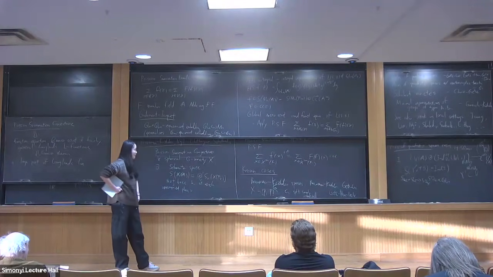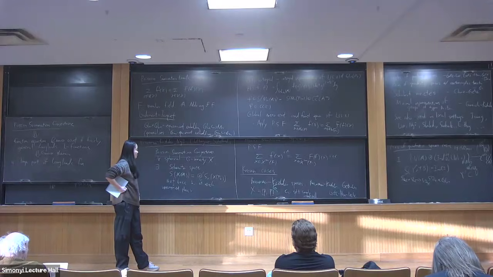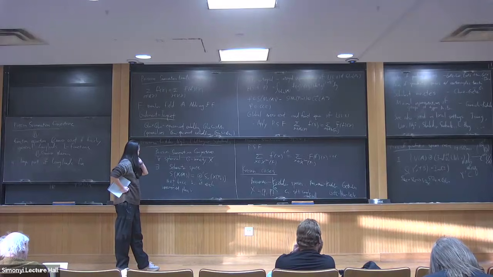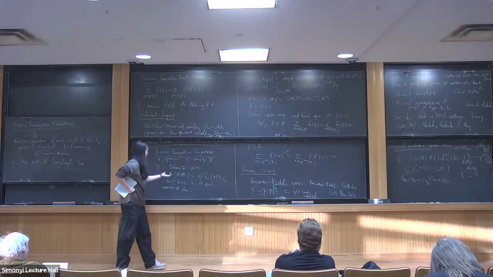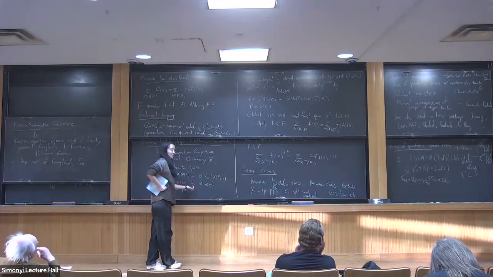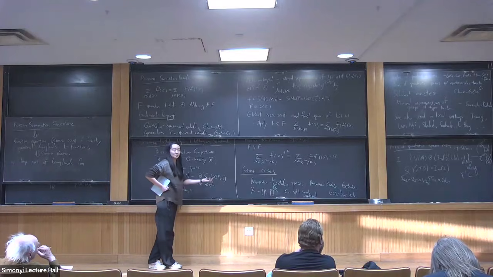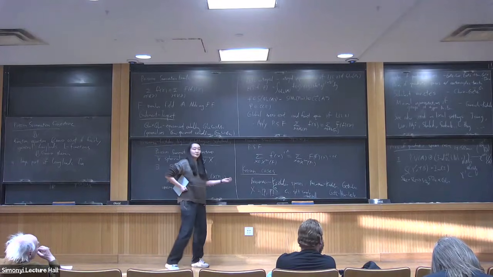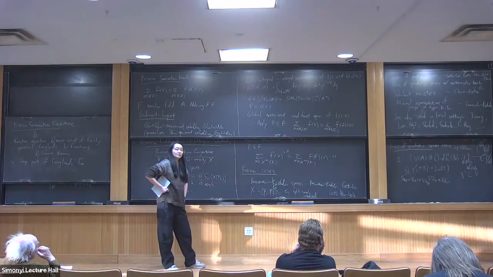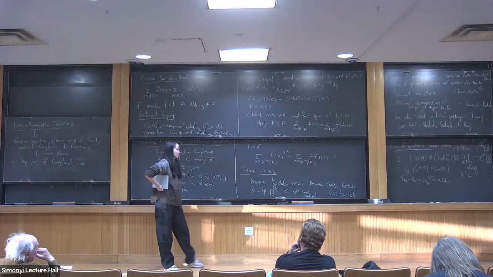I'm just wondering what kind of checks you can do to know that's the morally correct one. I think they can have different definitions here as long as this matches. Oh, okay, so you don't think the Schwartz space is so intrinsic? Yeah. Okay.